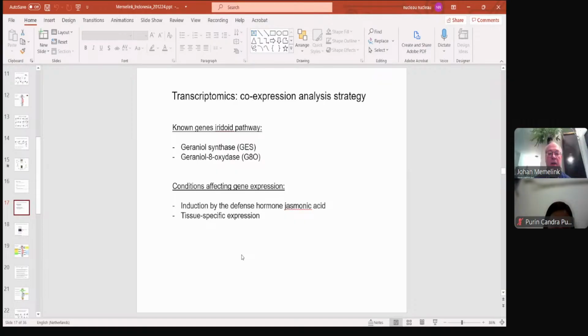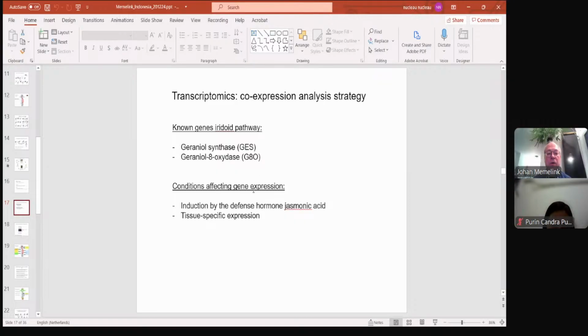So the strategy works best if you have as many different types of plant tissue where you can look at the expression, so that the correlation gets as good as you can get it. So we had induction by defense hormone, and we had different tissue types. So we could look at the tissue specific expression of the genes.